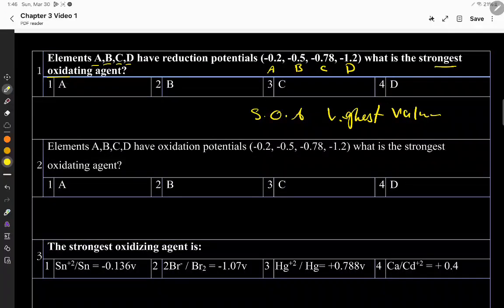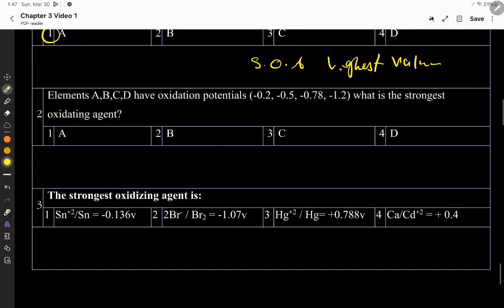Now, the highest value from all of these, what is the highest value? This one, negative 0.2, is more than all the values. So number one, element A is the strongest oxidizing agent.